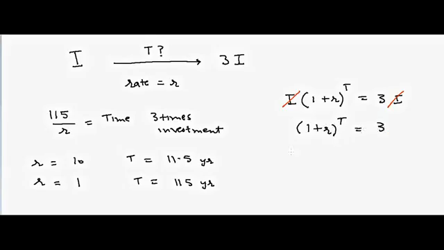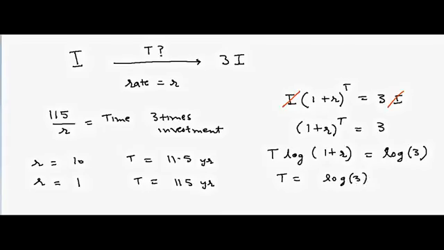If we solve this equation, we can take log on both sides. So t log(1 plus r) is equal to log of 3, so t is equal to log of 3 divided by log of (1 plus r).